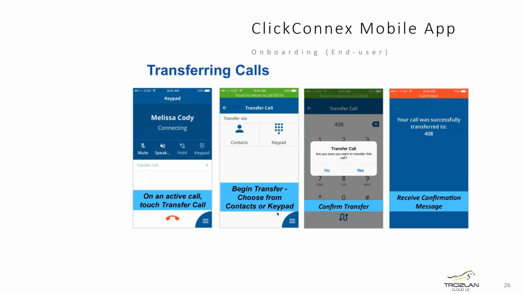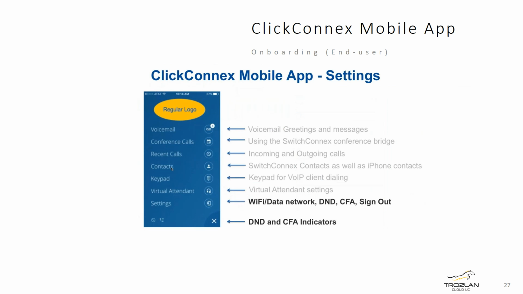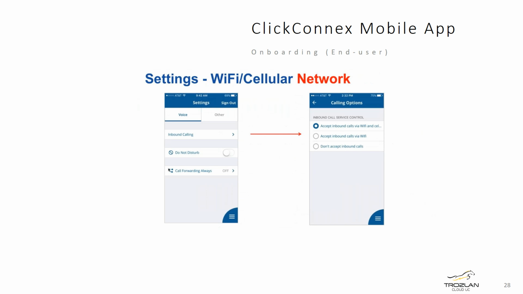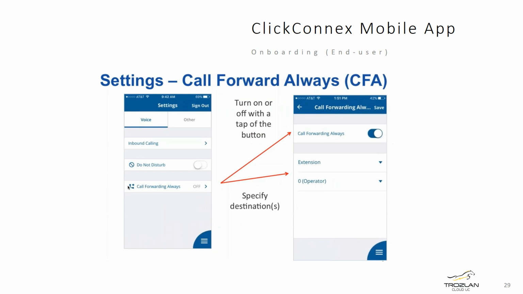Let's move on to settings. The settings contain the Wi-Fi and data network, do not disturb, call forward always, and signing out. This is where you can choose between accepting calls with Wi-Fi, cellular, or not accepting inbound calls. The CFA option will be under settings as well.